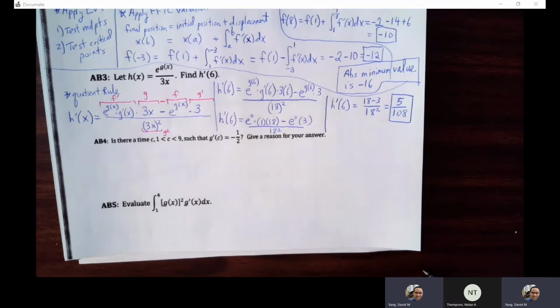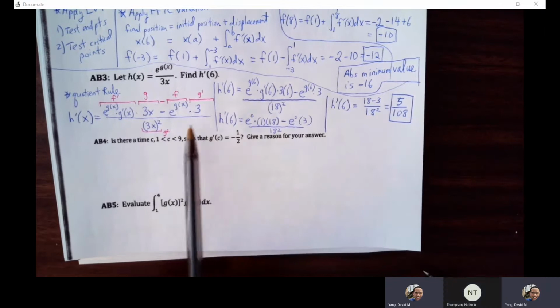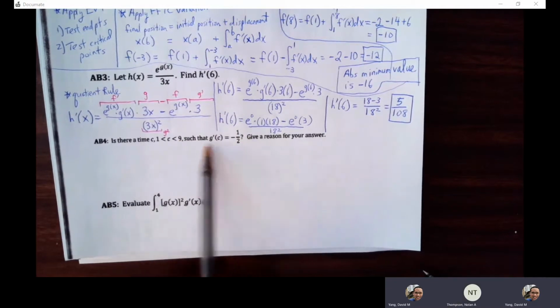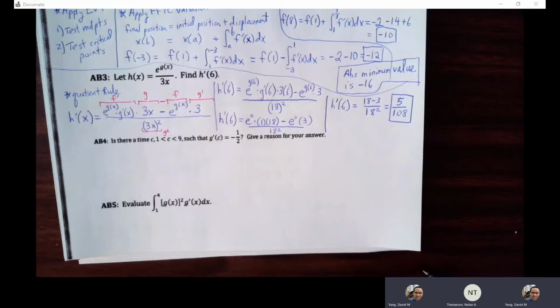All right, number 4. Is there a time between 1 and 9 such that g prime of c is equal to negative 1/2? Does the wording remind you of anything that they're trying to tell us to use?